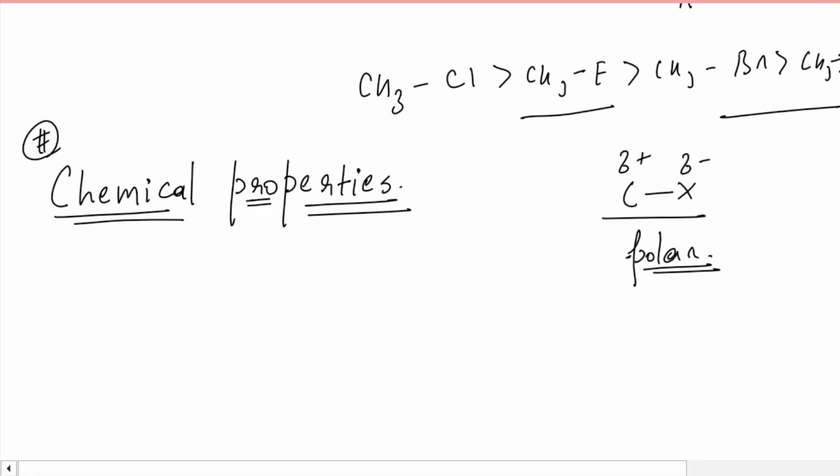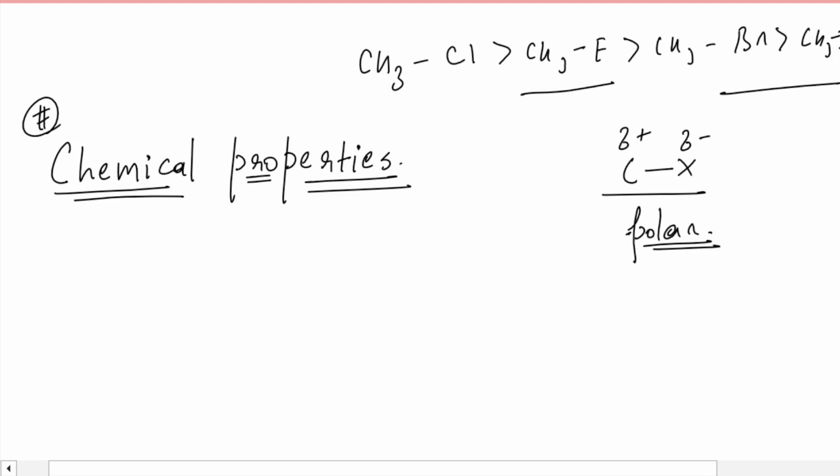So the halides show nucleophilic substitution reactions.